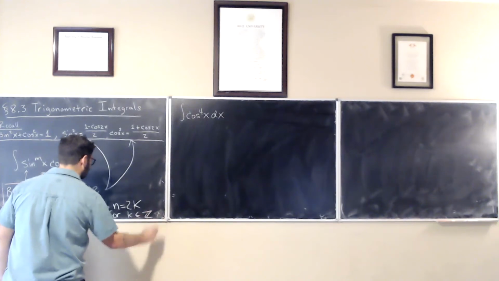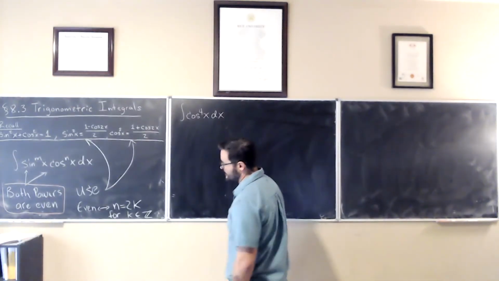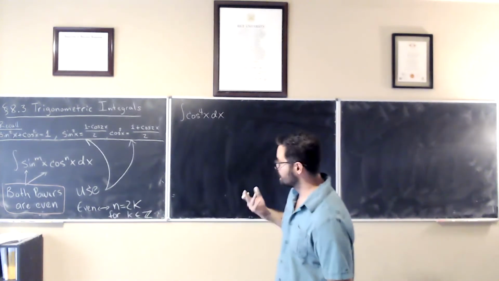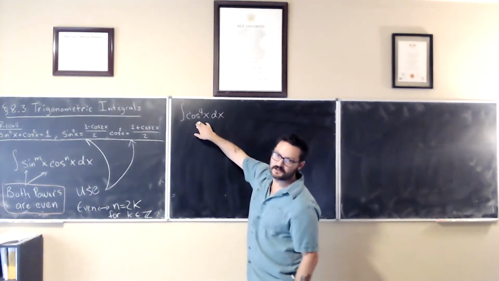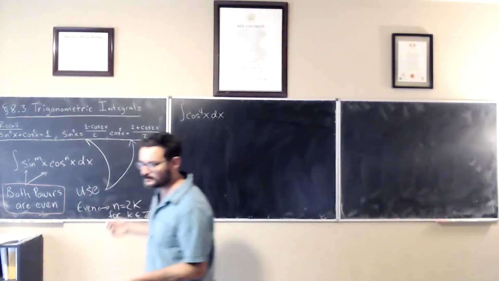That means 0 is an even number, and anything raised to the power of 0 is 1. So really, there's a sine in there: cosine times sine to the power of 0. So both powers are even.